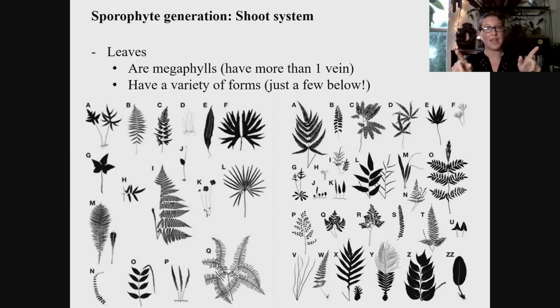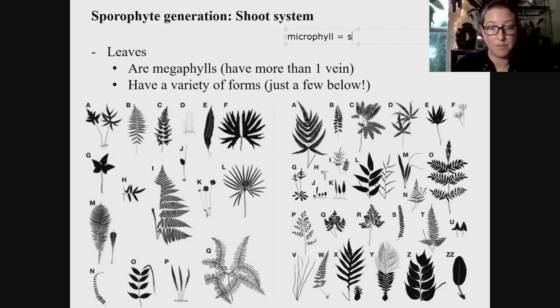Now, this is another case where we have to keep organized, and I will do this, this might help. Okay, let's see where to put this. We saw before microphyll, which is a simple leaf with one vein.